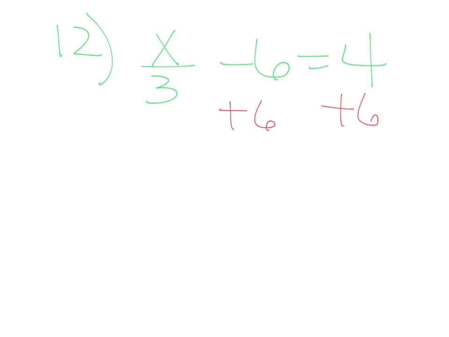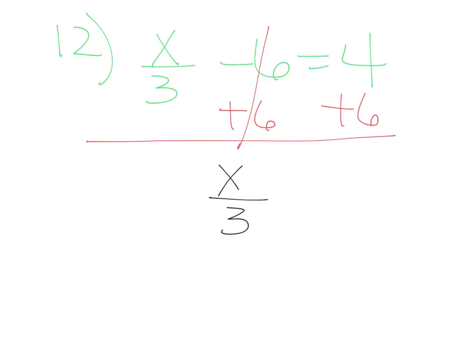Problem 12. X divided by 3 minus 6 equals 4. Okay, first thing I'm going to do is I'm going to add 6 to both sides. This side cancels out, the -6 and +6. I'm left with x over 3 equals 4 plus 6 is 10.